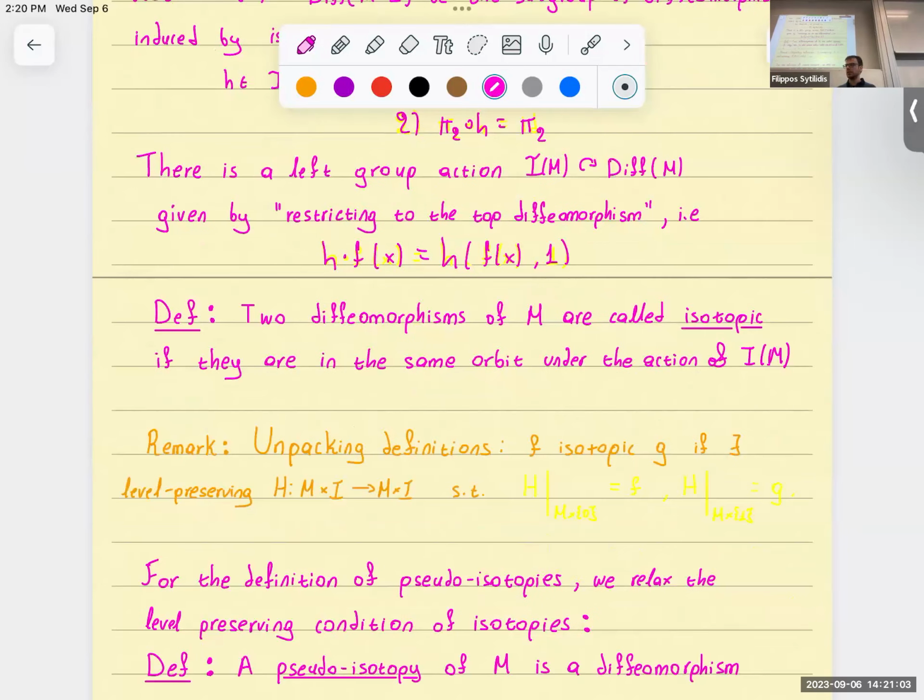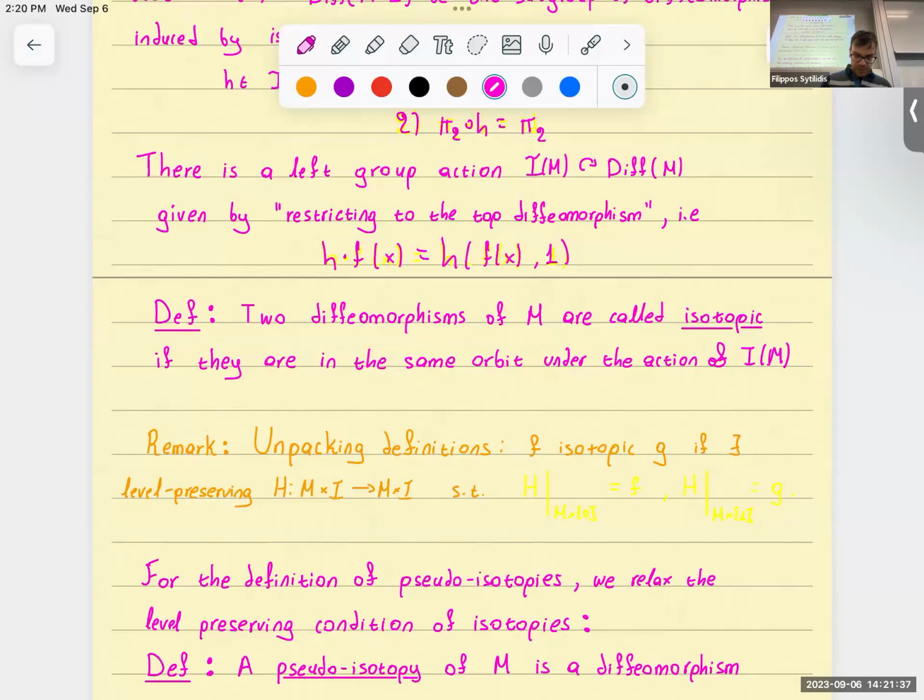Okay, just one question I have there. This definition of two diffeomorphisms being isotopic if they're in the same orbit under the action of I of M, you made it seem as if I needed this concept of extending isotopies to a diffeomorphism of the cylinder, but I could have stated this definition once you gave the definition of an isotopy, right?